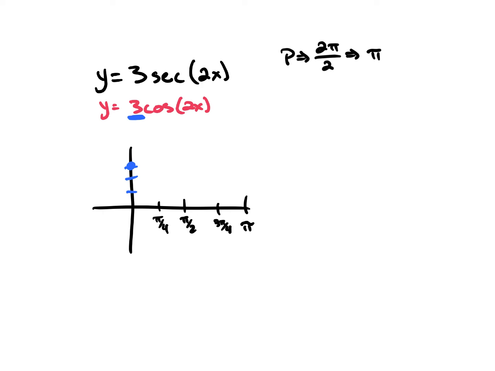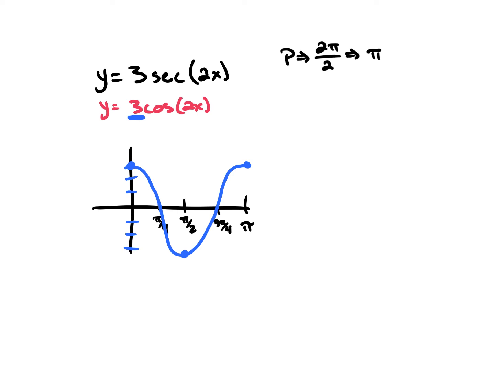And then it's going to cross at the quarter mark. And then it goes down to pi over 2, and that's where its minimum is. And then it goes back up to 3 pi over 4, and then at pi, it reaches 3. So does everybody remember how to graph cosine?